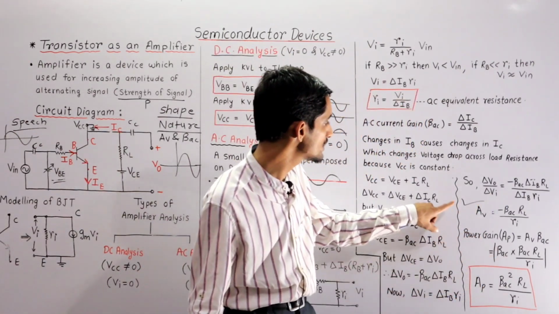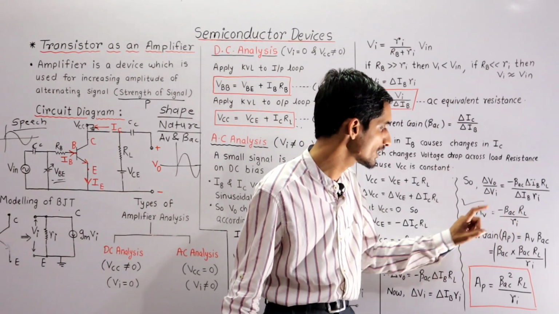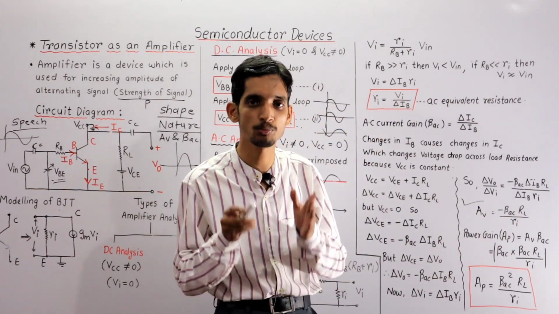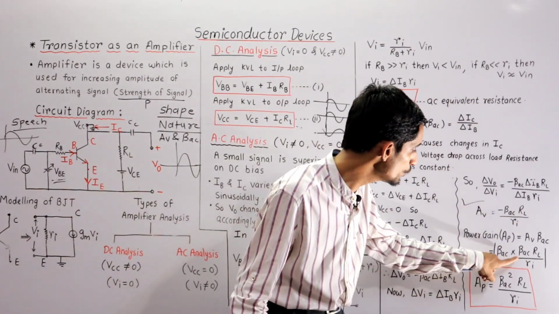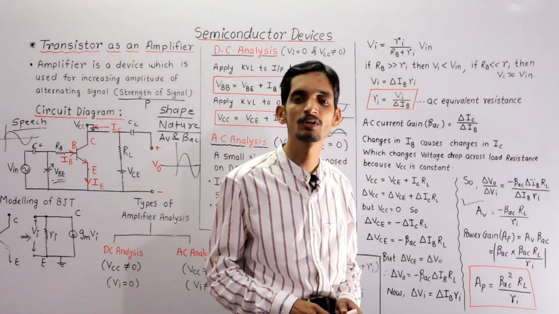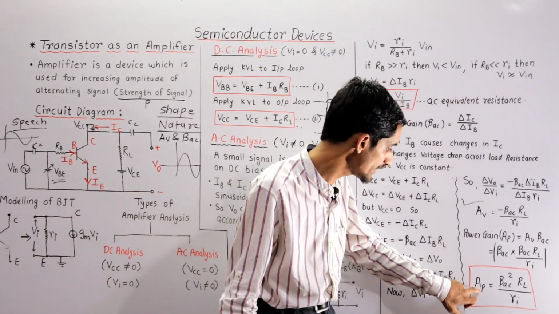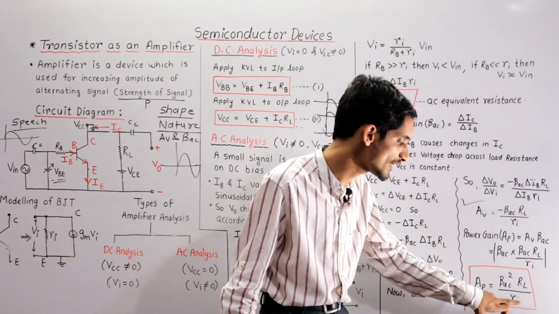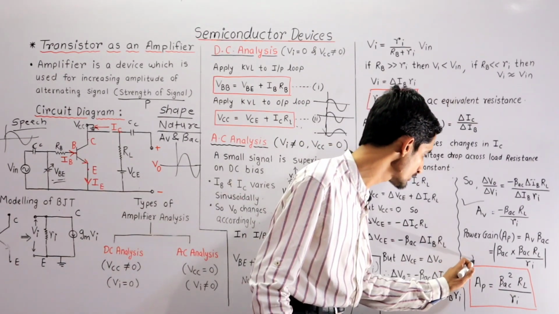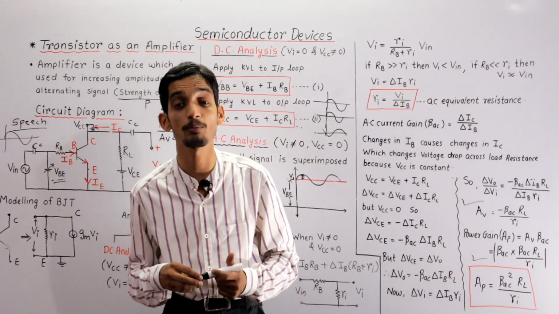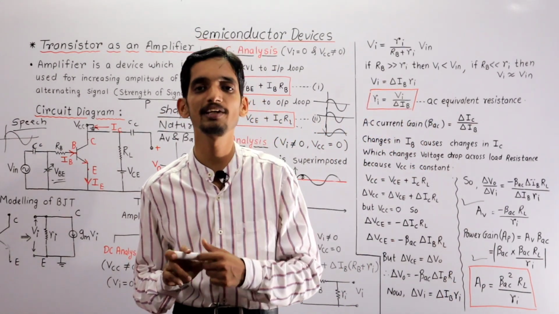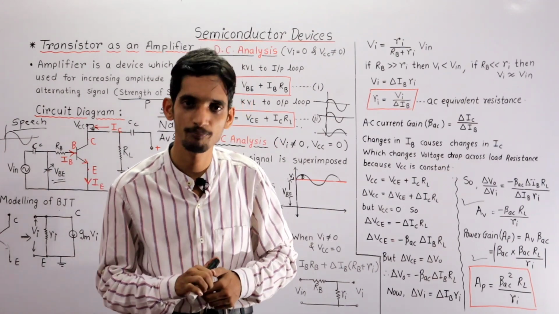Now as I calculated the voltage gain minus beta AC into RL upon Ri, I am taking the magnitude, that is modulus. So it is beta AC into beta AC RL upon Ri. After simplifying it, finally you are getting power gain AP is beta AC square RL upon Ri. This is the important formula in transistor amplifier in common emitter. Power gain AP is beta square RL upon Ri.